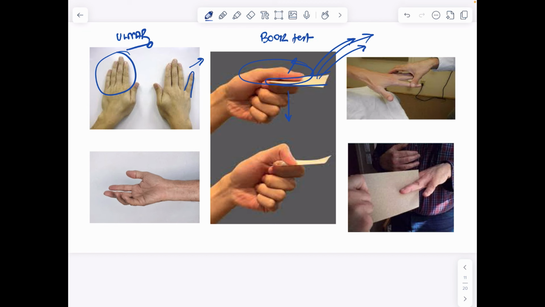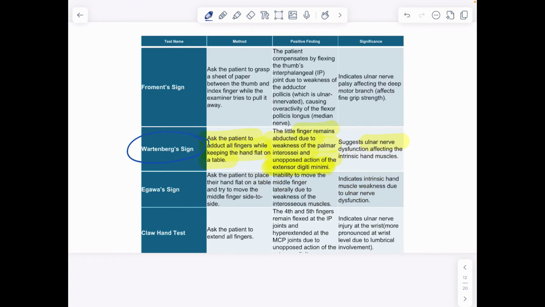Now, the patient tries to hold the paper or the book tightly, so he will modify the test on his own. Because he cannot hold the book by adduction, he will try to hold the book by flexion at the metacarpophalangeal joint. That means he is bringing another muscle into action, and that is known by the name of Froment sign. Ask the patient to grasp a sheet of paper between the thumb and the index finger while the examiner tries to pull it away.